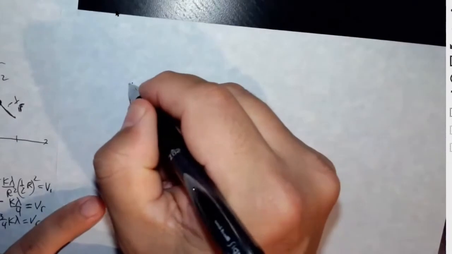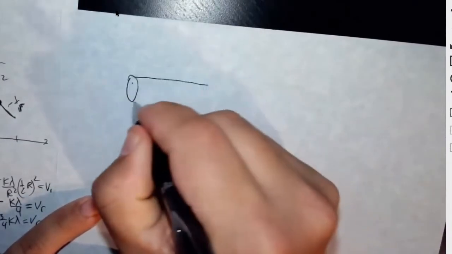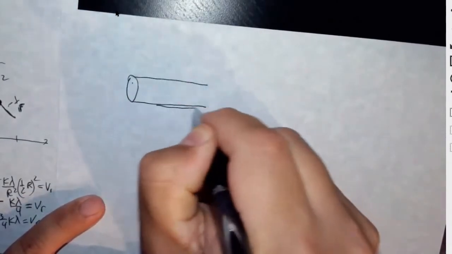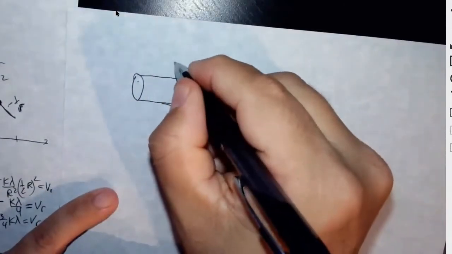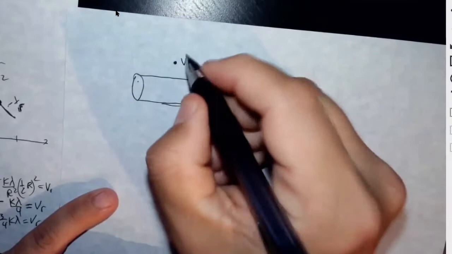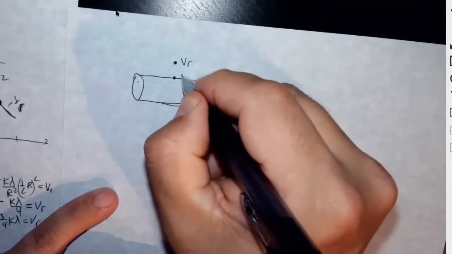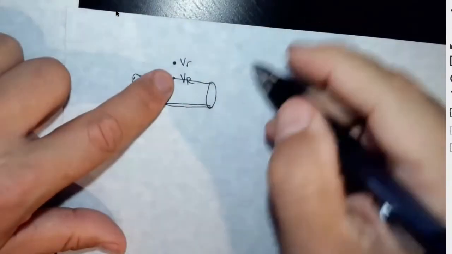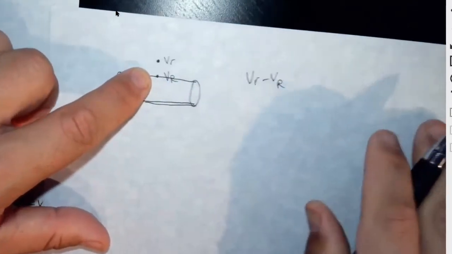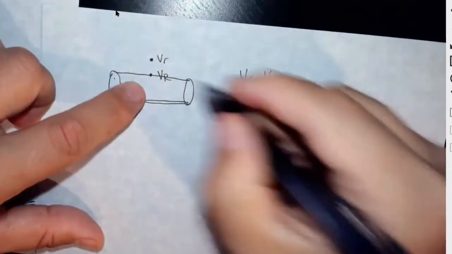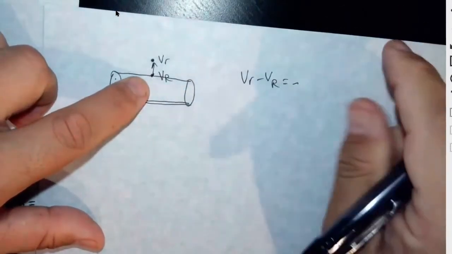Okay, let's go to the outside of the cylinder. So I want to find out, let's say, the voltage at any point here, V sub r. So then I'm going to integrate V sub r minus V sub R, minus, in other words, I'm integrating outwards, right?